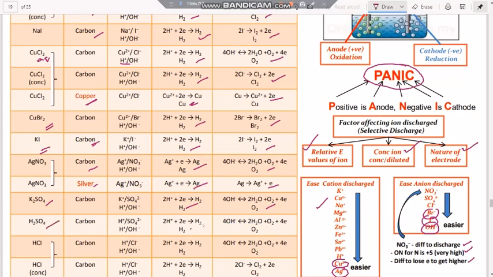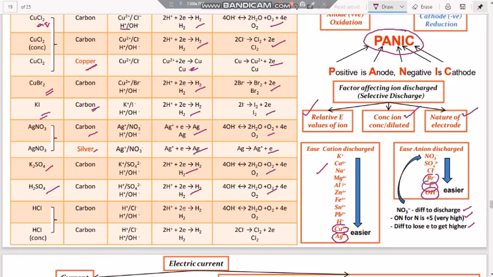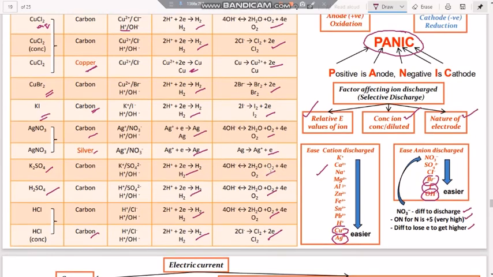Sulfuric acid, we have hydrogen at the cathode and oxygen at the anode. Hydrochloric acid with carbon electrodes, hydrogen at the cathode, oxygen at the anode. Concentrated hydrochloric acid with carbon rods, hydrogen at the cathode and chlorine at the anode. These are the products.